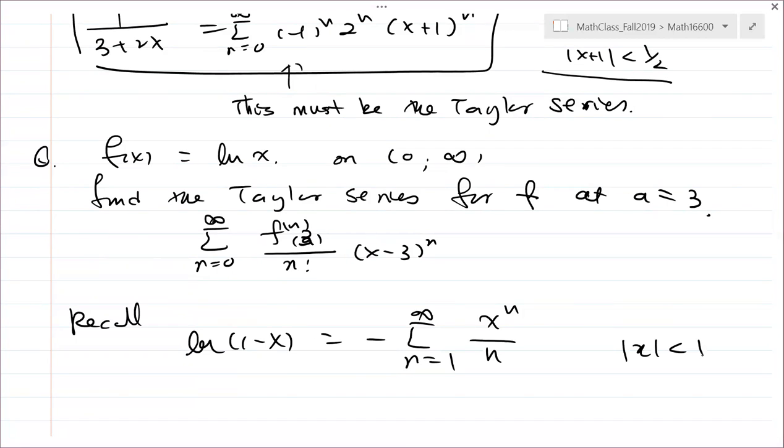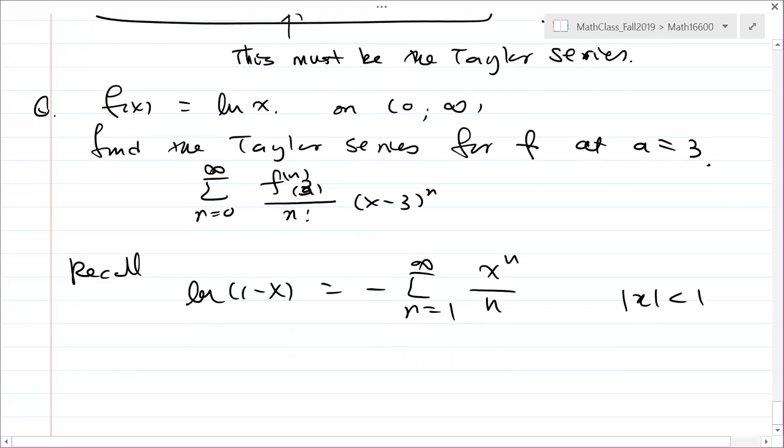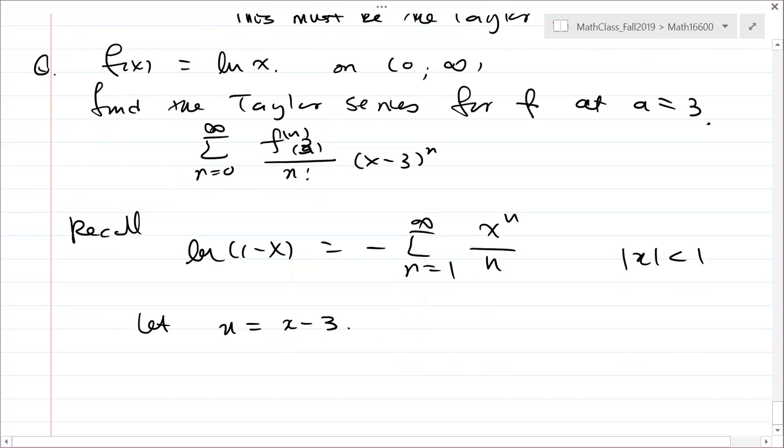So how can I use that to solve the problem? Well, over there it's 1 minus x. Okay, forget it. So you let u be x minus 3. My radius of convergence will be 3 now.